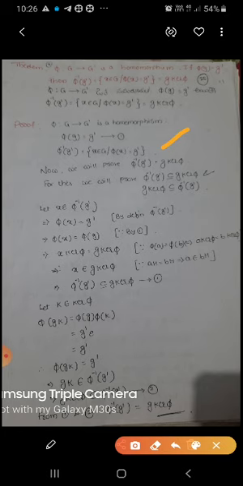Now we will prove that φ⁻¹(G') = G·kerφ. For this, it is enough to prove that φ⁻¹(G') ⊆ G·kerφ and G·kerφ ⊆ φ⁻¹(G').